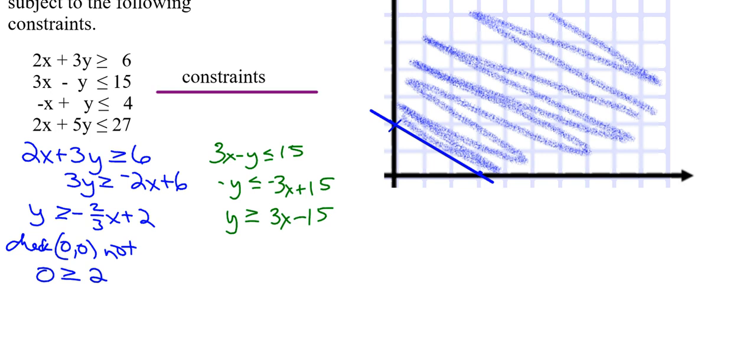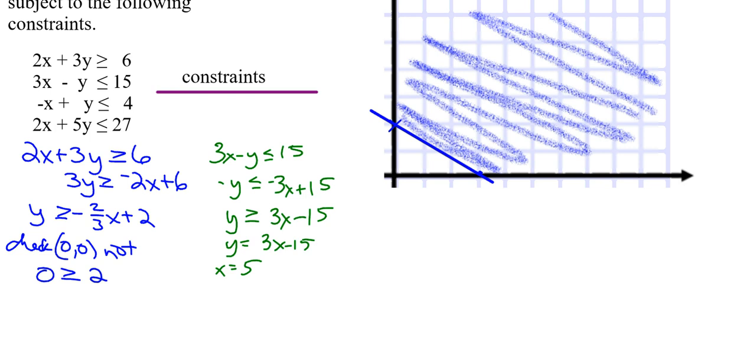I don't have a graph that shows that. So I'm just going to try to pick some convenient points, plot a couple points. I'm still going to use this value. Let's just let x equal 5, and I think I can get that on my graph, because if I do that, then, when I'm graphing my line, just y equals 3x minus 15, just to kind of let you know that's the line that I'm going to do.